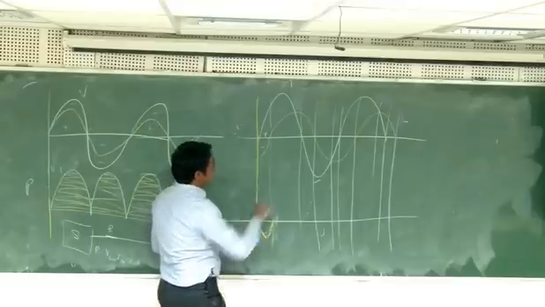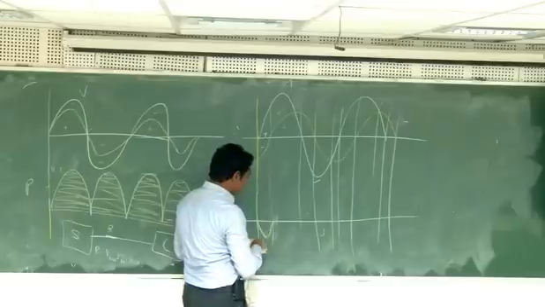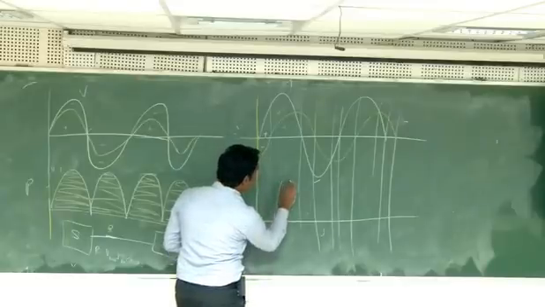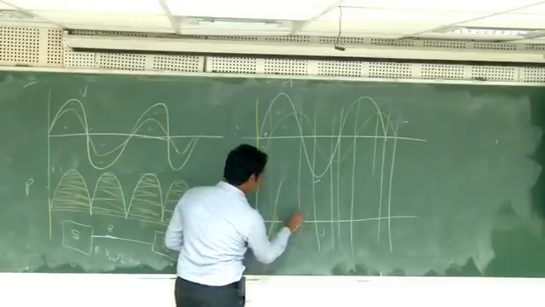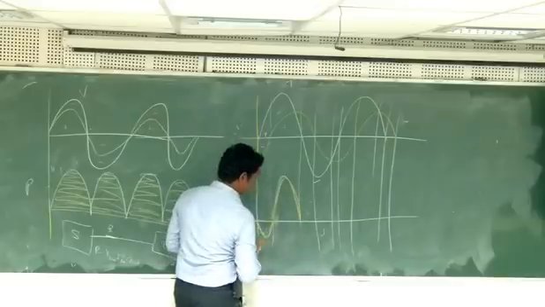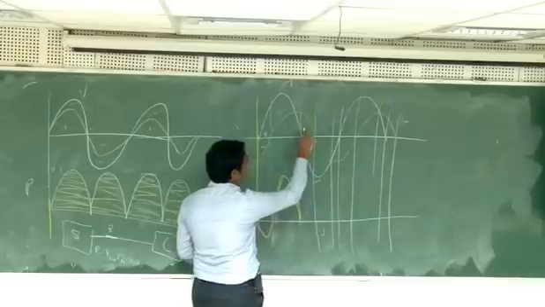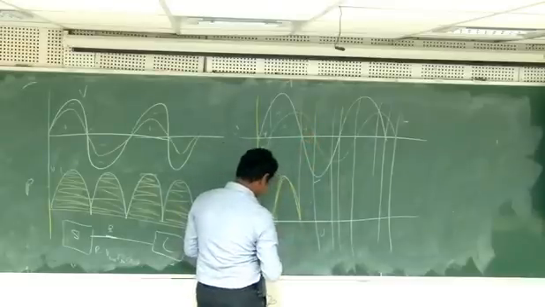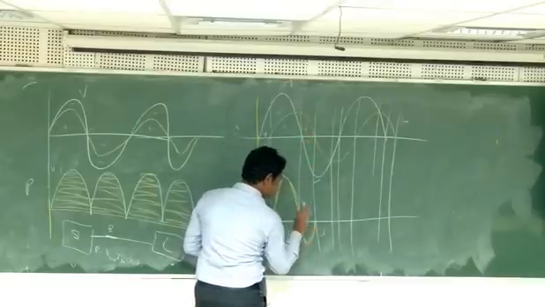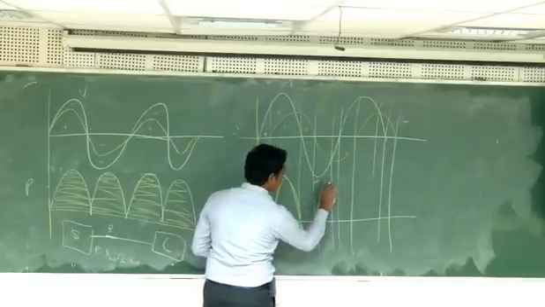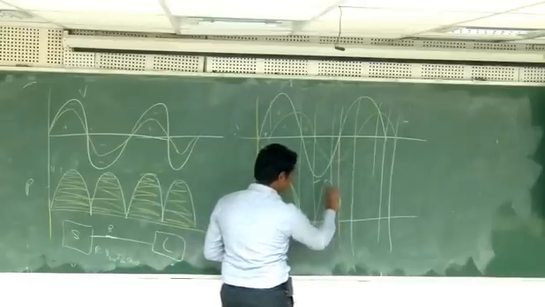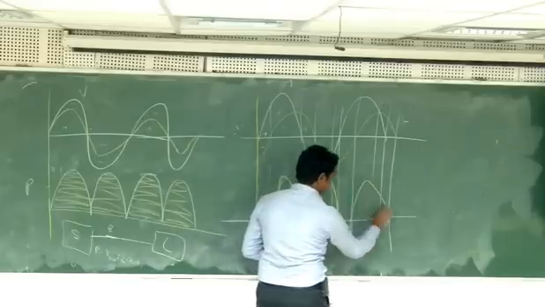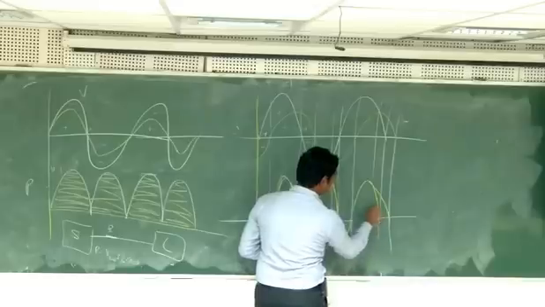In this region both are plus, so you will get something like this up to here. In this region current is plus whereas voltage is minus, so you will get like this, and so on. Again here minus into minus, again here like this.